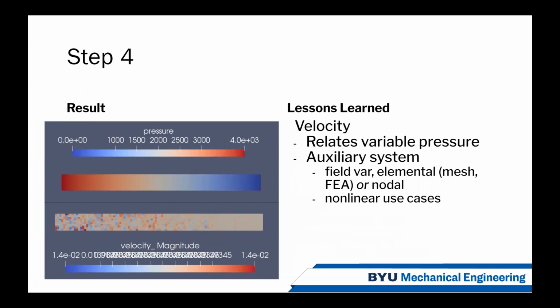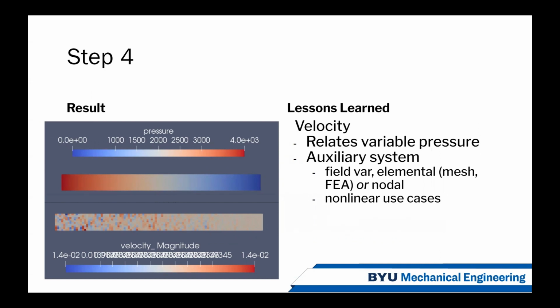In step four, we included velocity because although velocity is not a property, it is a mechanic that is related to some things such as pressure that might be changing, such as the fact that we were solving pressure earlier and it does change.